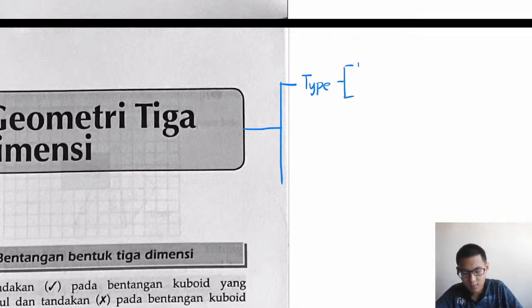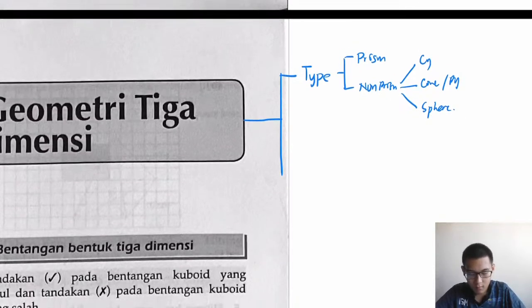We have a prism and non-prism. If non-prism, we have cylinder, cone or pyramid, and sphere. So here are the types we have.